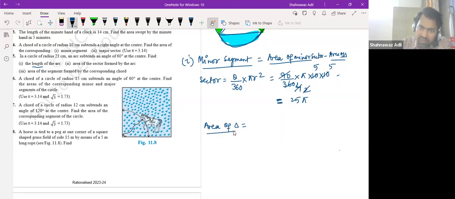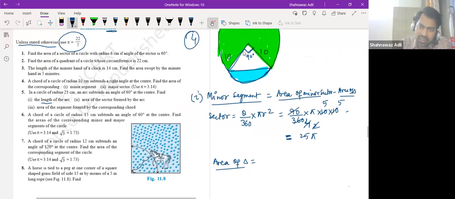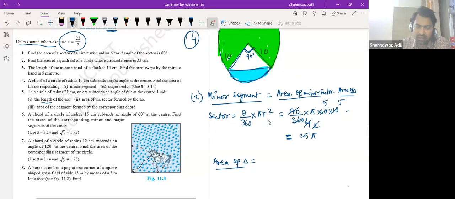So Tejasvi, which formula will we use for area of triangle? This angle is already given, 90. So which formula will we use? Yes, Tejasvi, where are you? I'm here, sir. Yes, so to calculate the area of triangle, which formula will we use? We have three formulas, right?